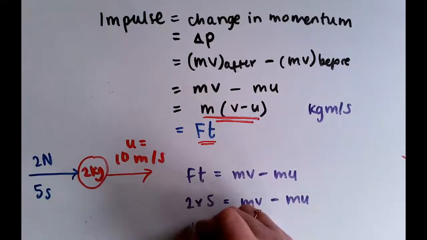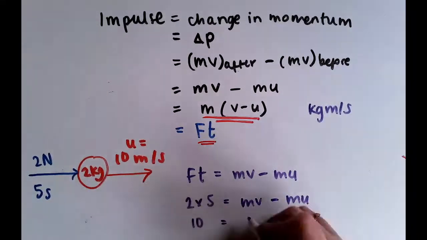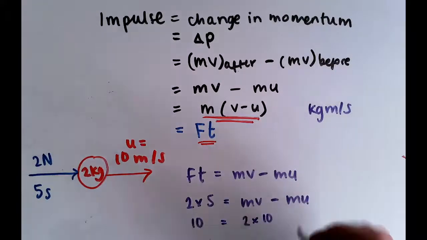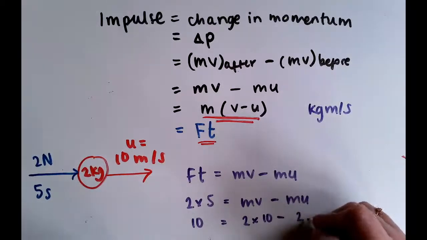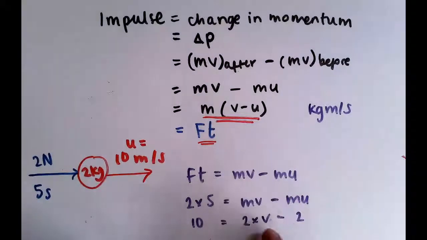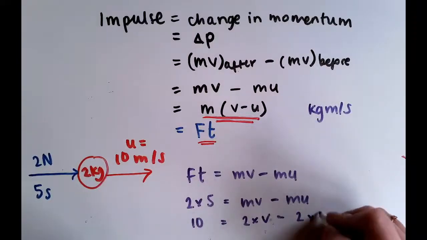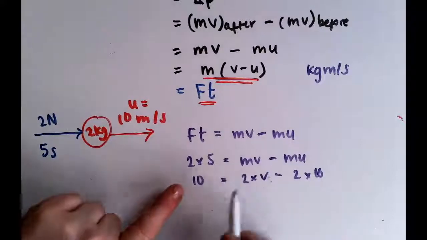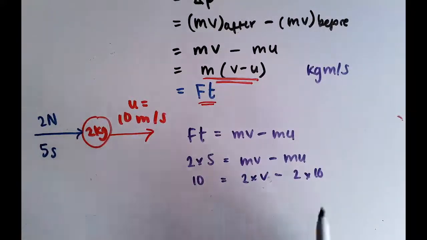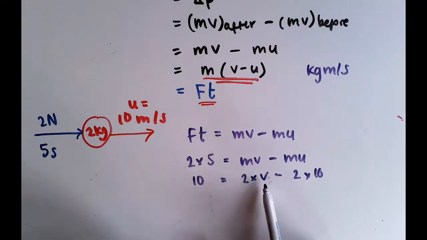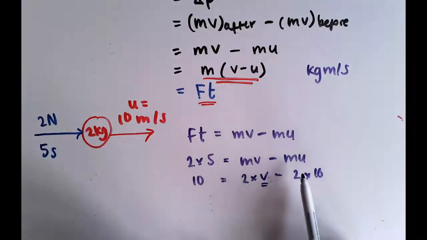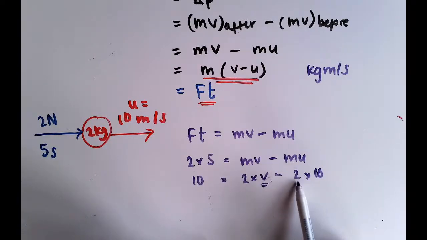So I've got 10 equals 2 times v minus 2 times 10. Let me move this down so you can see this a little bit. So I've got force times time, 10. The mass is 2 kilograms. The final velocity is unknown, that's what we're trying to work out. And we have the mass and the initial velocity here.